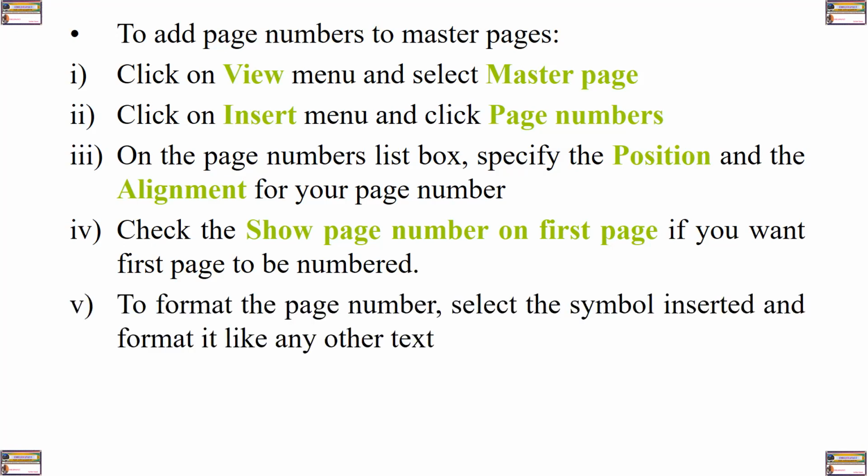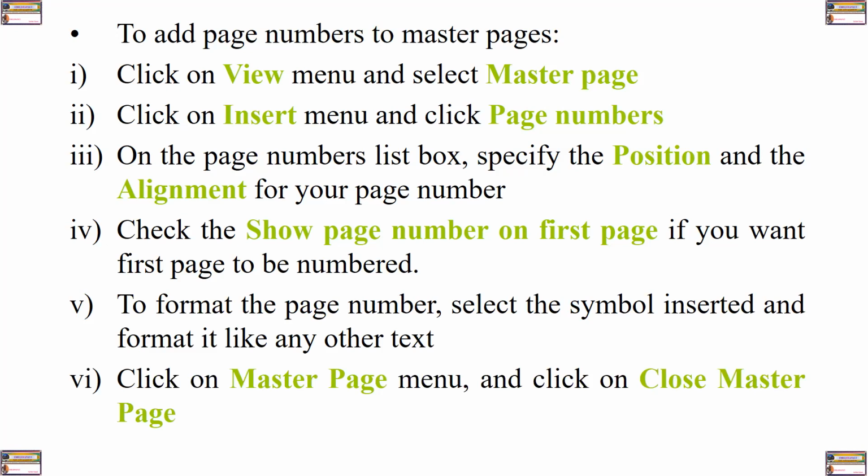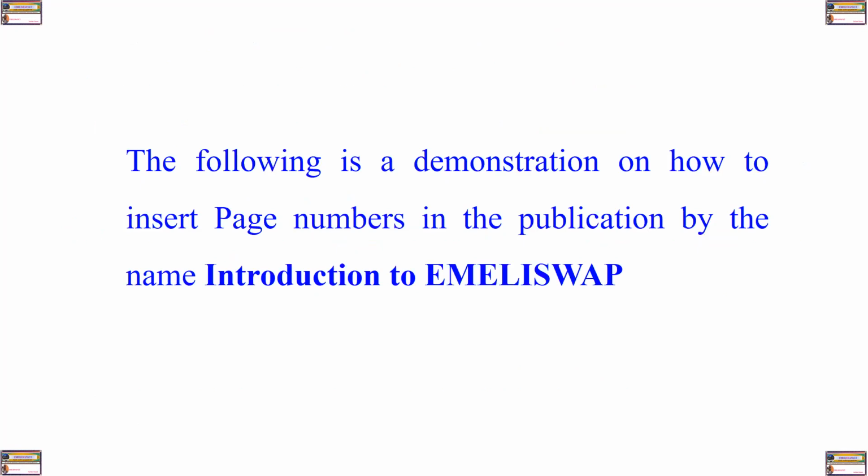To format the page number, select the symbol inserted and format it like any other text. Then click on Master Page menu and click on Close Master Page so that we are able to go back to your publication. The following is therefore a demonstration on how you can insert page numbers in the publication.